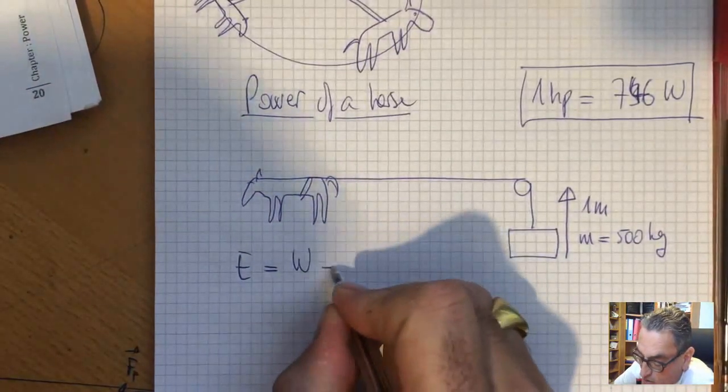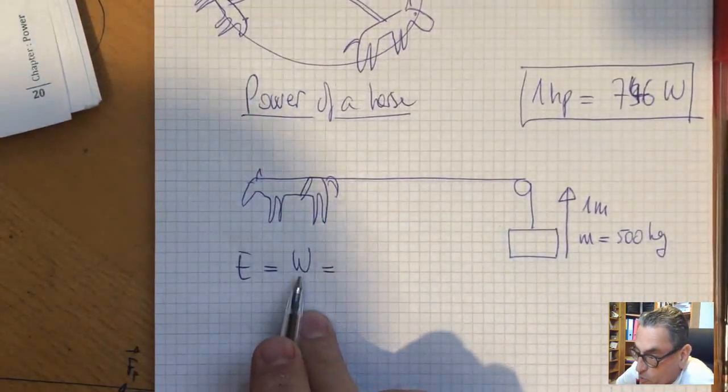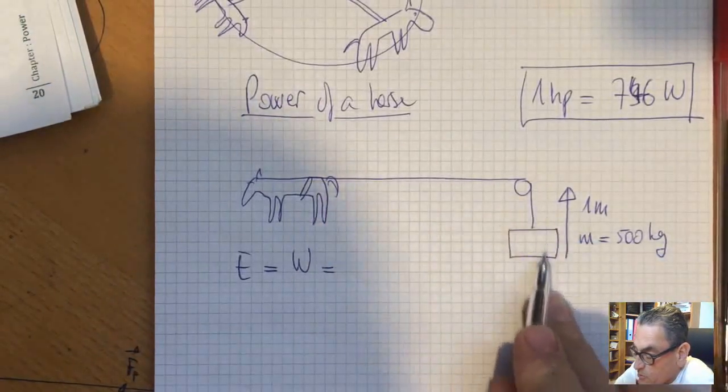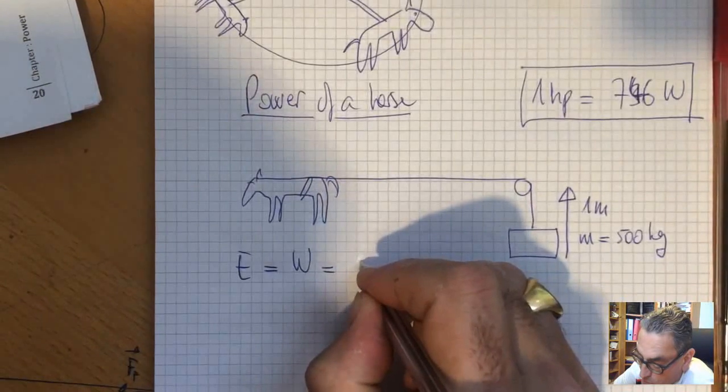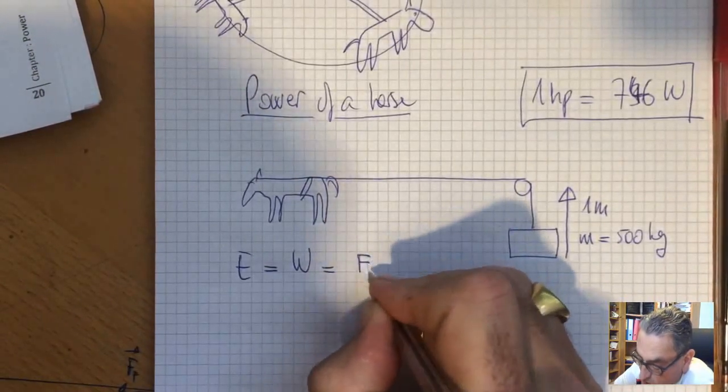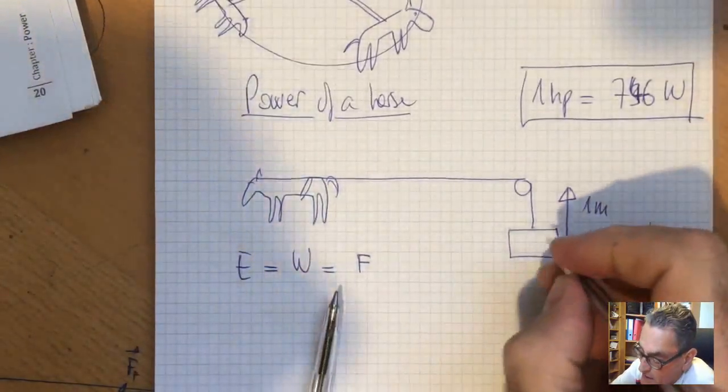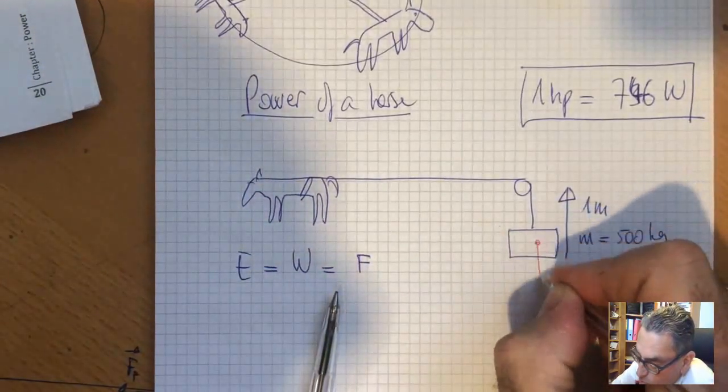The energy, you can compute it as the work which is necessary to lift this mass, okay? And so the work is going to be the force that you exert on the mass, but this force is going to be what?